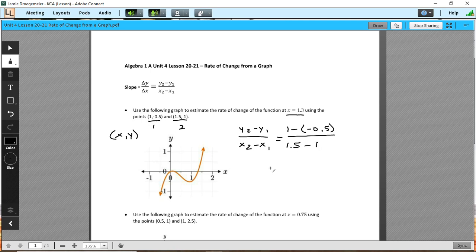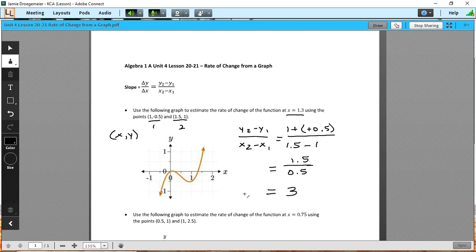All right, so we need to do that subtraction. 1 minus negative 0.5, remember subtracting a negative is the same as adding a positive, so I can think of that as 1 plus 0.5. And so that would be 1.5 in my numerator. And then my denominator, 1.5 minus 1, that would be 0.5. And now I can simplify or do that division. 1.5 divided by 0.5 is 3.